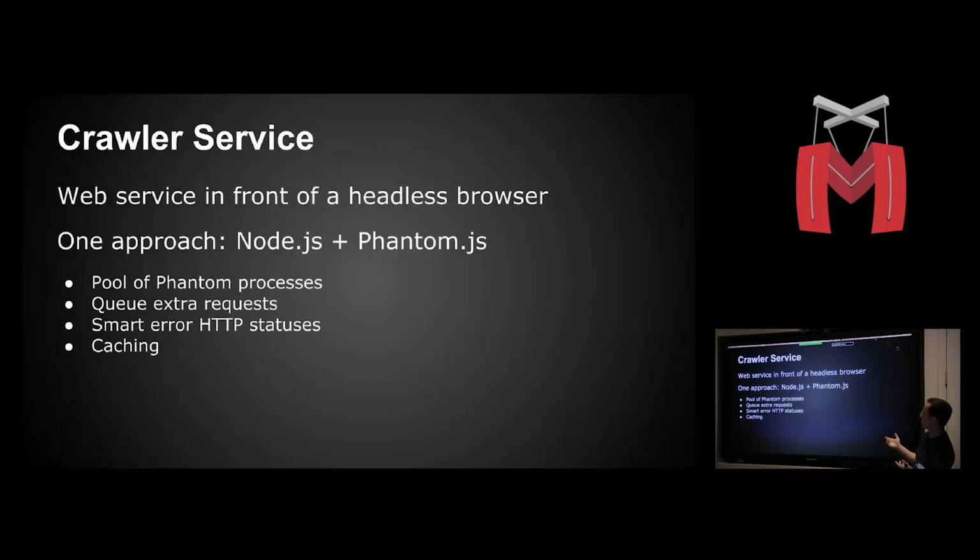This slide is about what you would do if you wanted to create that crawler service yourself. You would make a web service, and inside of that you would have a headless browser. So all the secret sauce of this, hey, I'm a crawler, please give me that HTML, is the server boots up a browser instance, just like running on your laptop. And inside that browser instance, it renders the entire page.